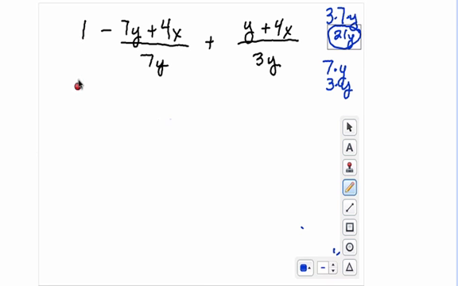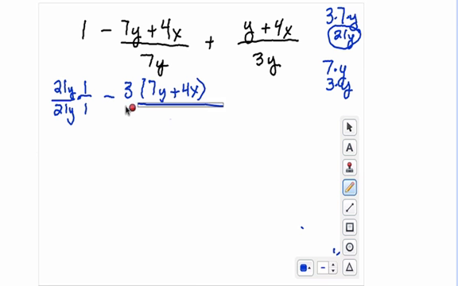Okay, so the 1, I can think of that as 1 over 1. I need to multiply it by 21y over 21y. Okay, and then my next term, I need to multiply this one. I need a 3 down here to make this into a 21y. So I'm going to basically be subtracting 3 times the quantity of 7y plus 4x.